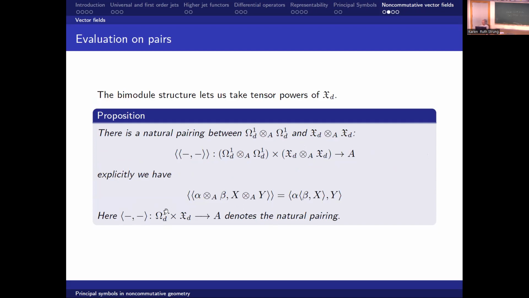Now there's a natural pairing between Omega^1 D and vector fields, which we denote with this angled bracket here. Since our vector fields are a bimodule, you can take their tensor product. Then we have this double angled bracket, which pairs tensor one-forms with tensor vector fields, and this pairing is given as you see here.